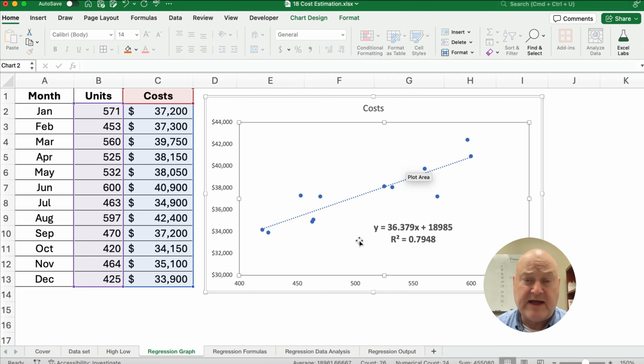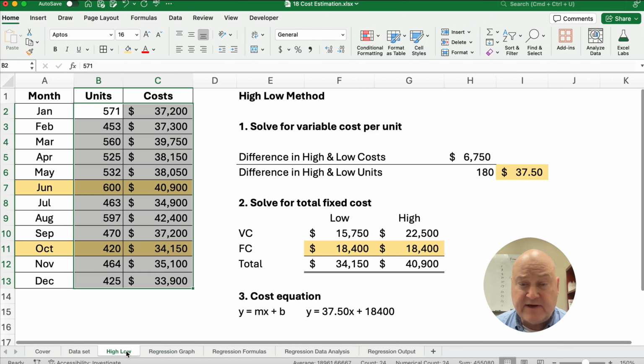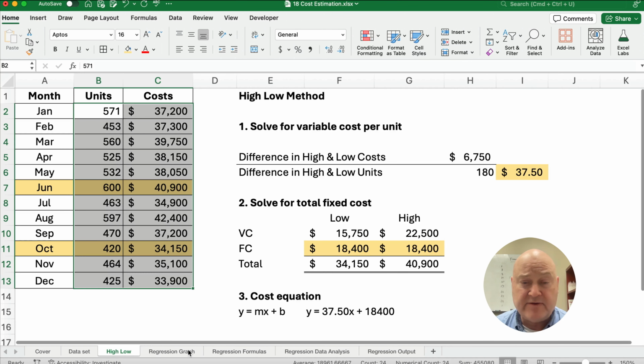So now what you can do in Excel is simply make a graph that shows all our data points, and it shows our cost equation. So our cost equation is 36.379x plus 18,985. So it's a little bit different than our cost formula here, 37.5 and 18,400.